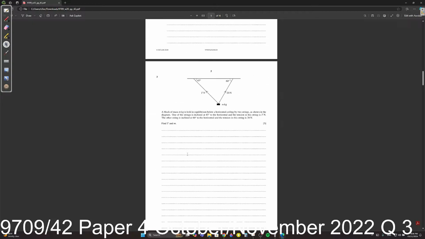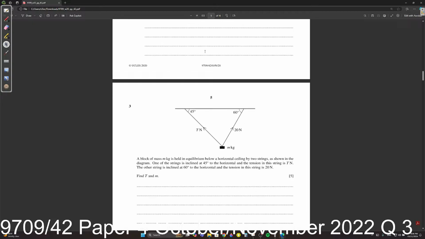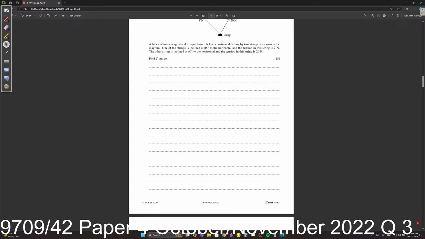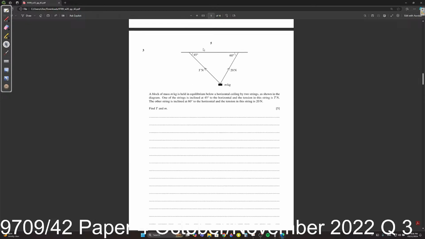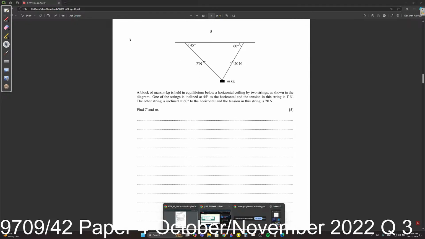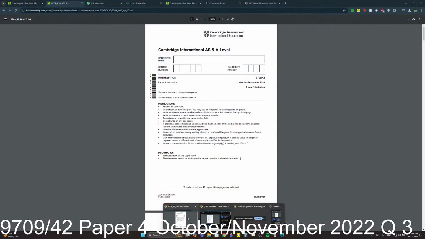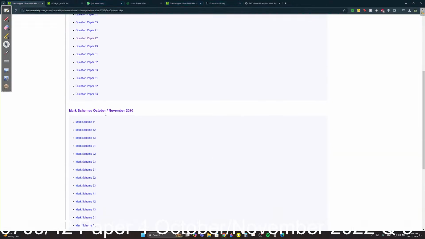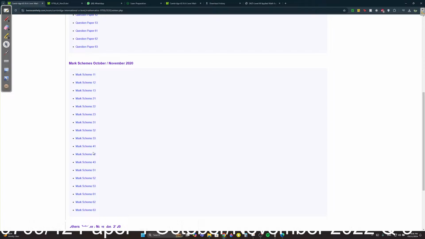So, question 3 again, very similar to the question we just did, guys. I'll try and save as much space as I can, but more than likely tomorrow it's gonna be like a 5-mark question. Let me open the marking scheme for this.